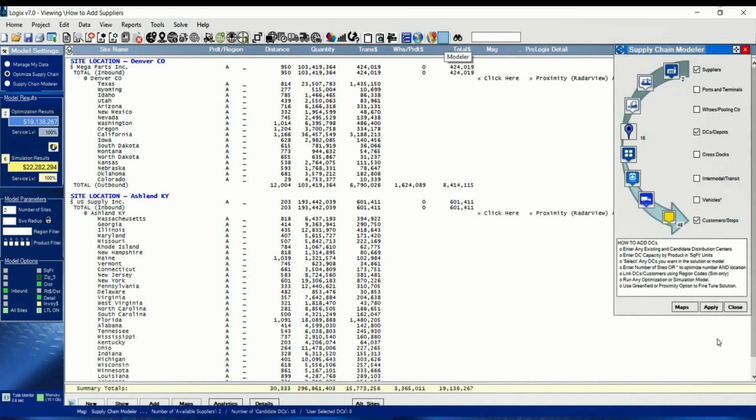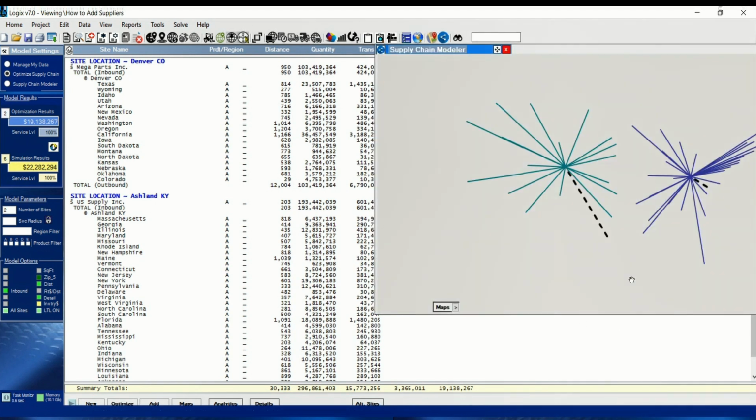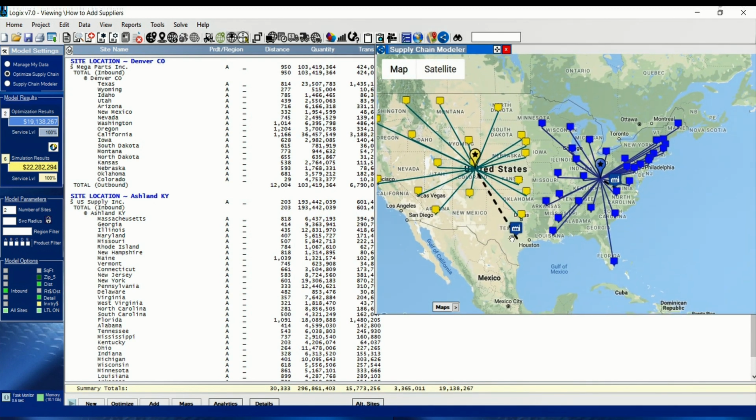And in fact, when we take a look at that solution using our maps, you can see here that Megaparts would be our supplier for Denver, and Ashland, Kentucky would be supplied by US Supply.